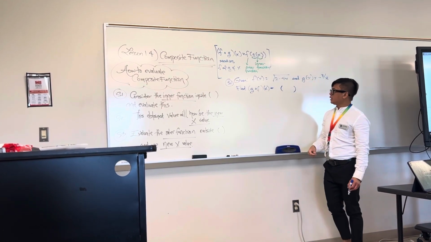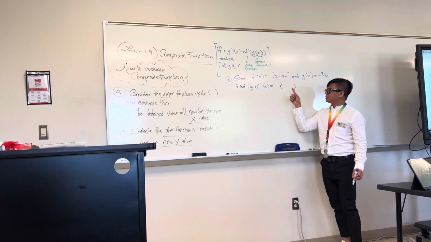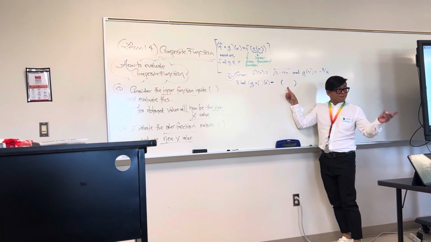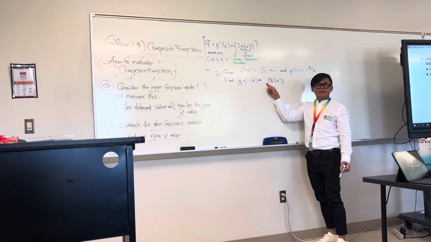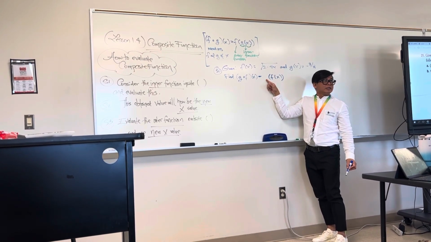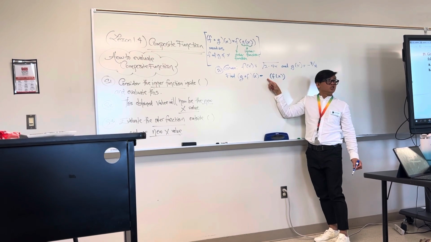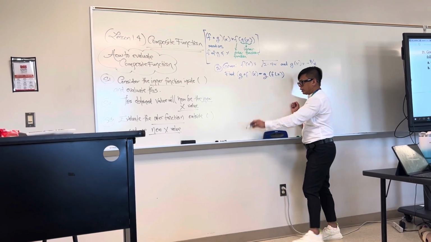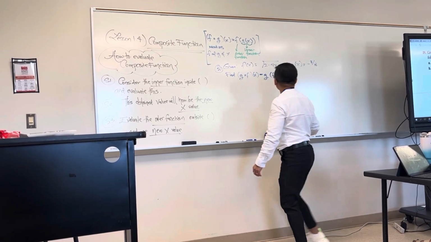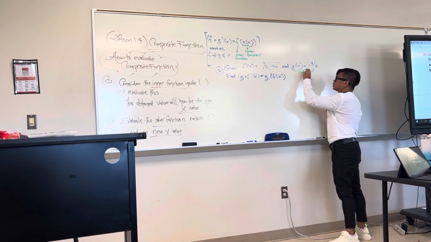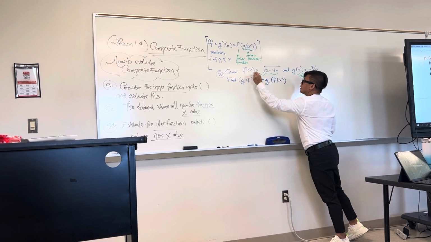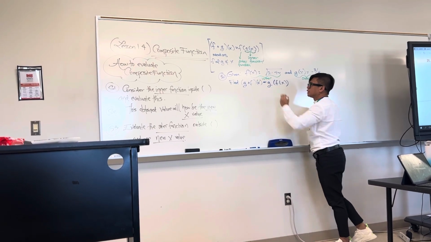So going back in here, between f and g, which one is inside? F, very good. Correct. And what is outside? G. Very good. So let's take note of those two first. In short, g of x is the outer function, and f of x is the inner function.